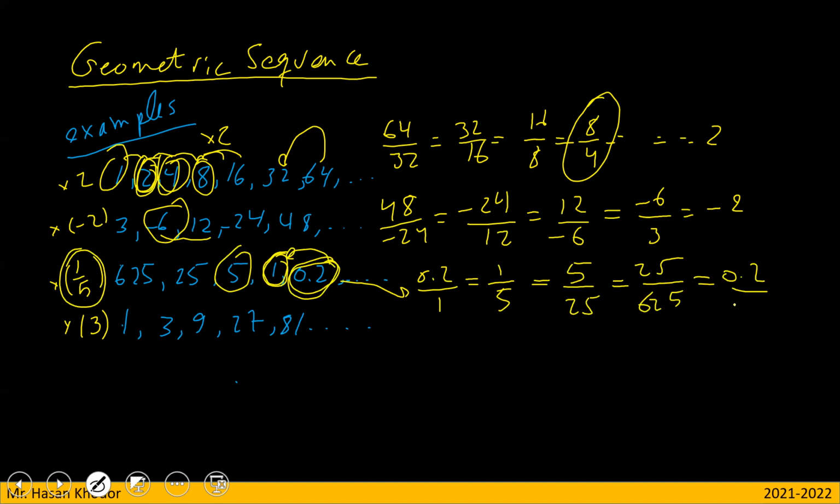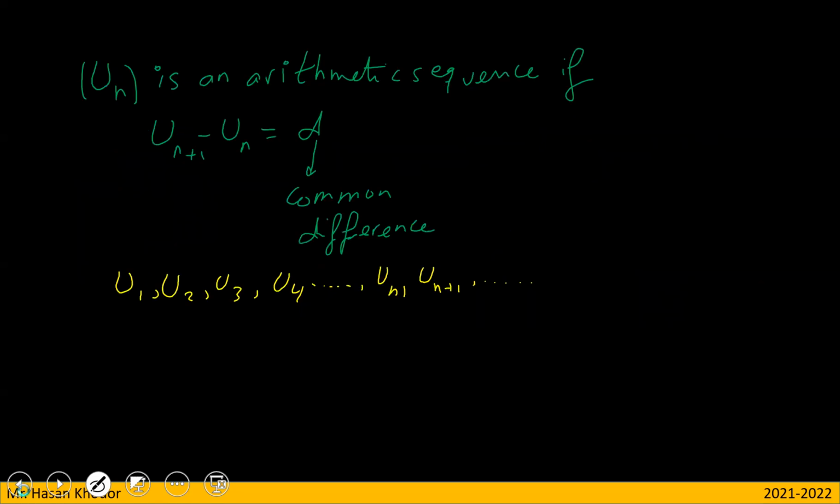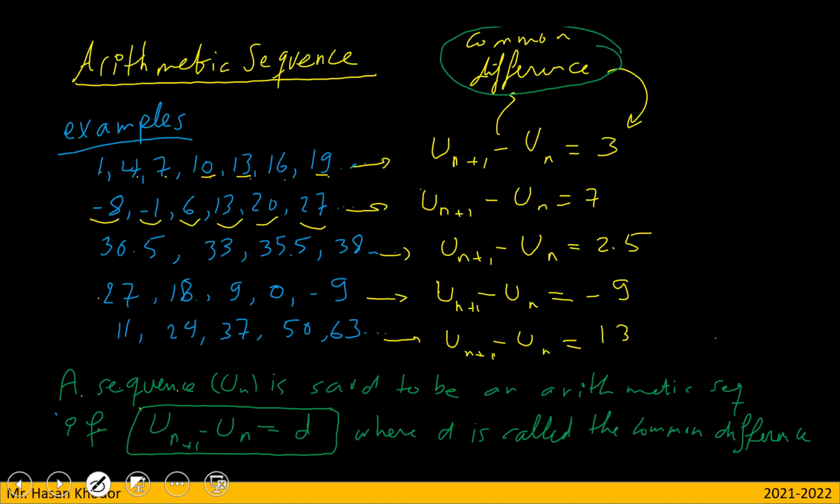So this is the difference between a geometric sequence and an arithmetic sequence. In an arithmetic sequence, we always have a common difference. If we subtract any term from the term preceding it, we will get the same number.